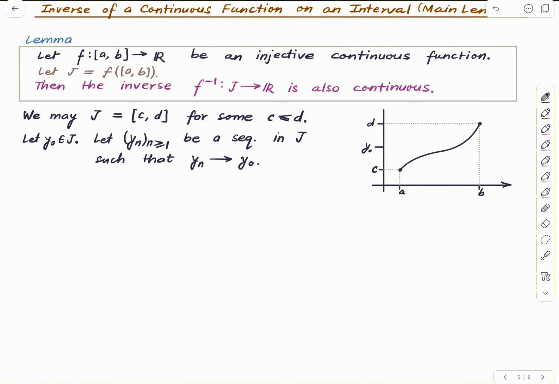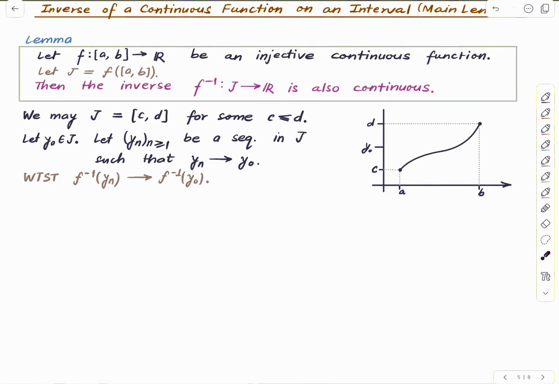What we want to do is, we want to show that this thing converges to f inverse y0. That is the convergence criterion for continuity. You want to show continuity at an arbitrary point. You take a sequence in the domain converging to that point, and the image sequence should converge to the image point. So once we do this, we will be done.